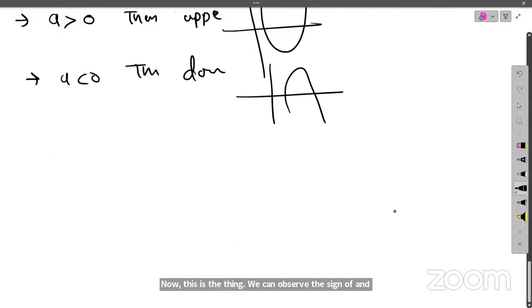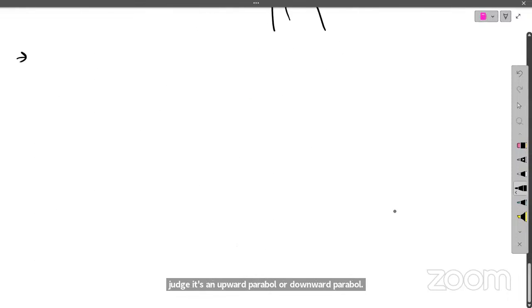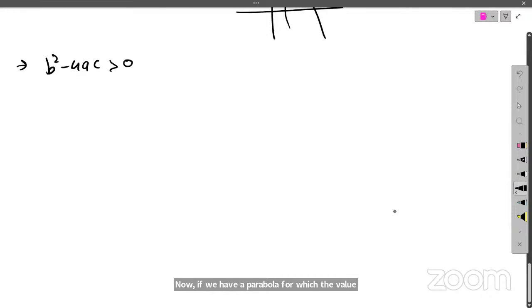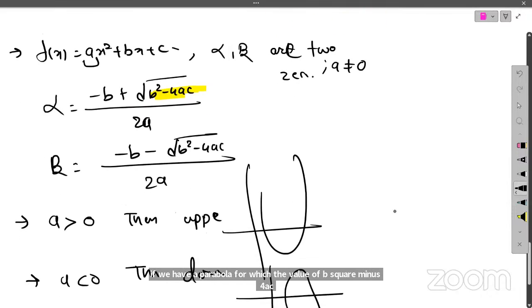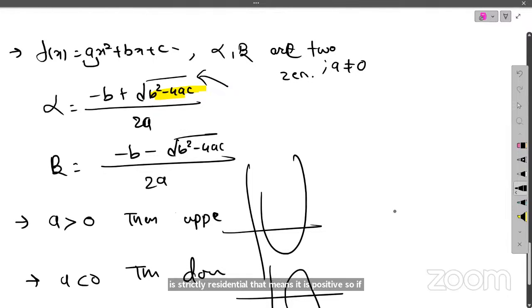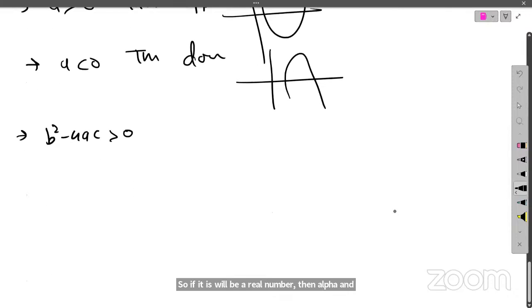Now, if we have a parabola for which the value of b square minus 4ac is strictly greater than 0, that means it is positive. Then in this formula the expression under the root is well defined, meaning it is a real number. So alpha and beta are two distinct real numbers, alpha is not equal to beta.